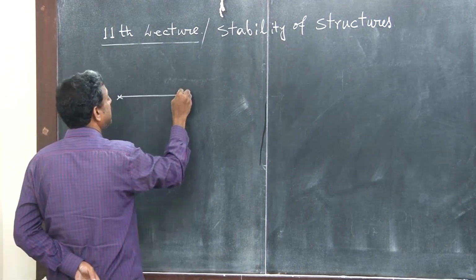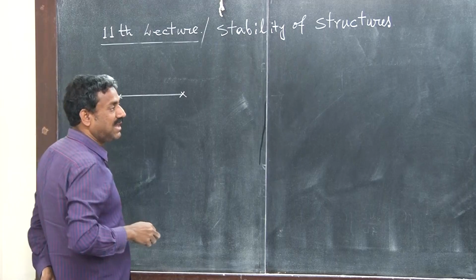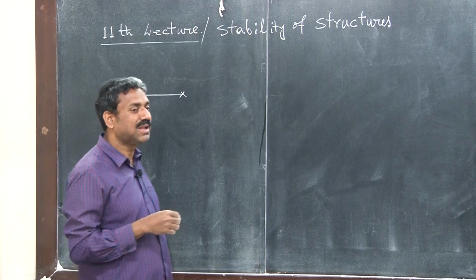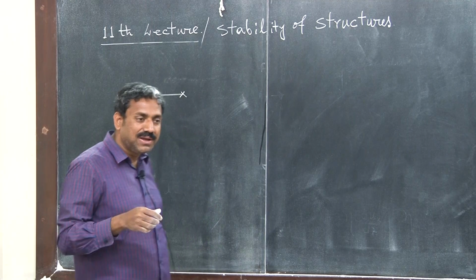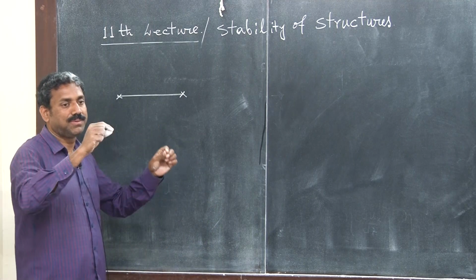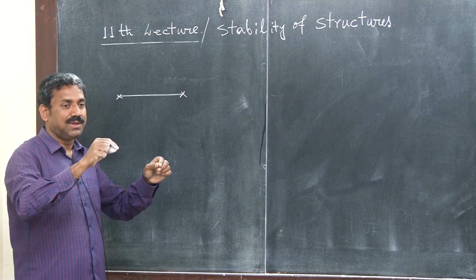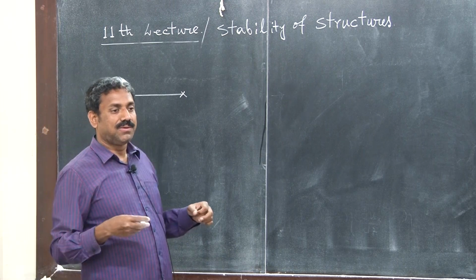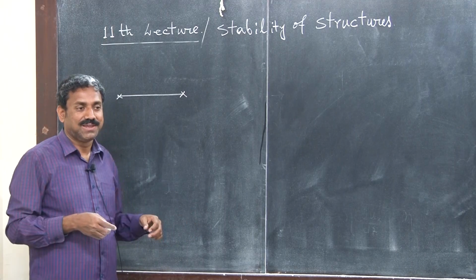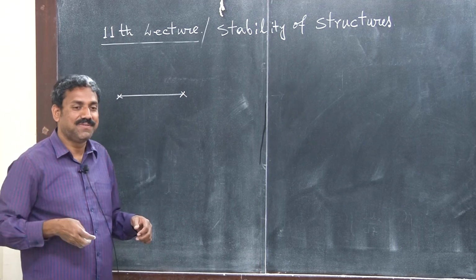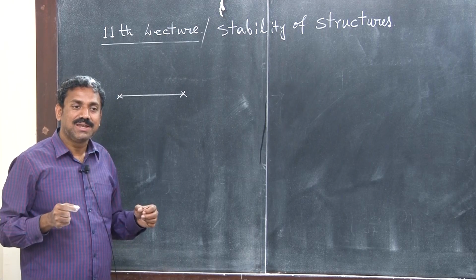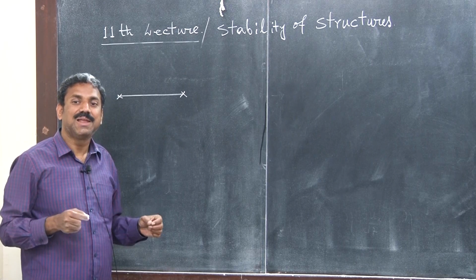So, let us consider a beam column element. I am considering a beam column element because unless you have out of plane deflection, you cannot analyze for buckling. If you have a pure truss element with only axial degrees of freedom, you cannot analyze for its buckling. You have to allow for out of plane deflection, so you have to formulate it in terms of a beam element, you understand.